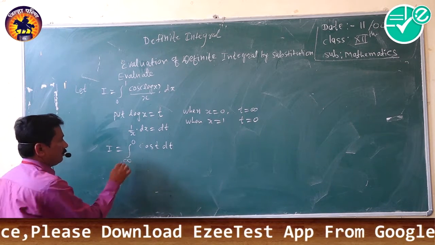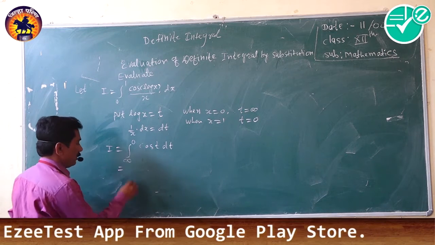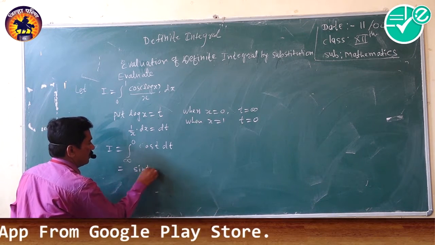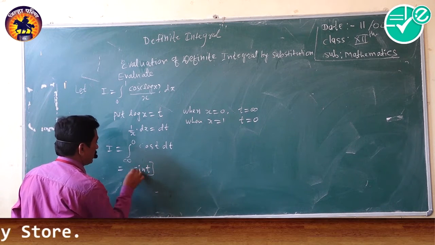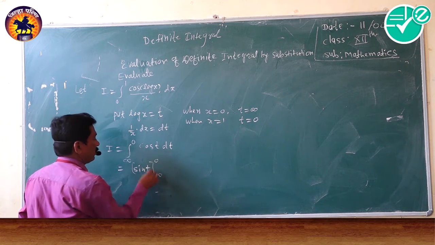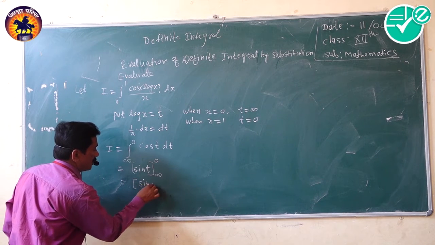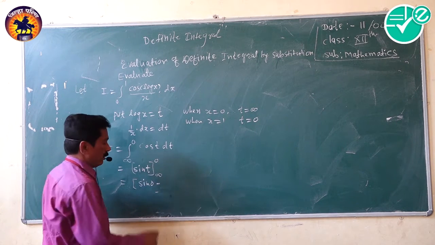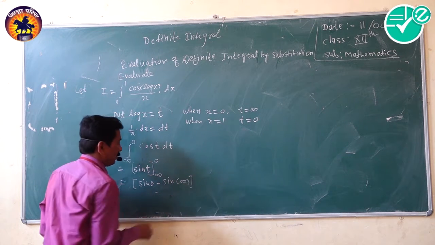Now this is equals to integration of cos t is sin t, and limits are infinity to 0. Therefore this is nothing but upper limit is sin 0 minus sin infinity.